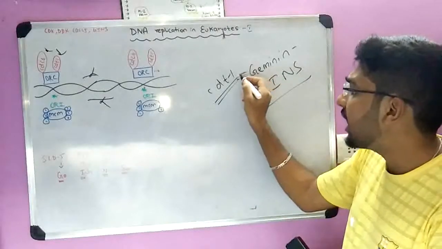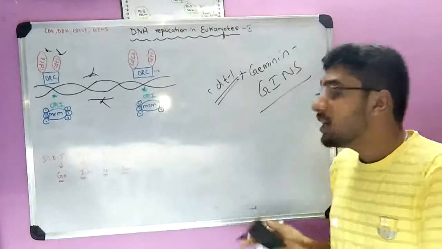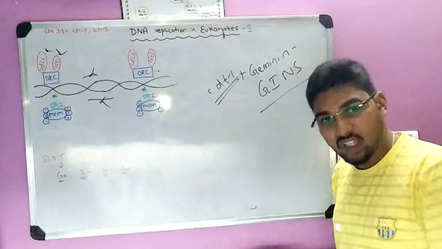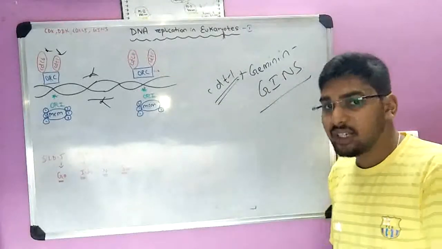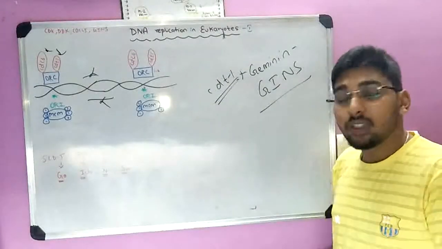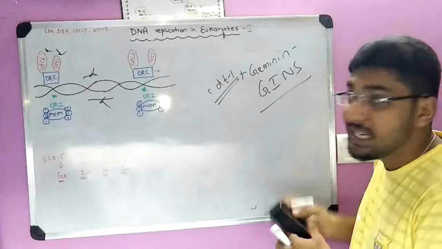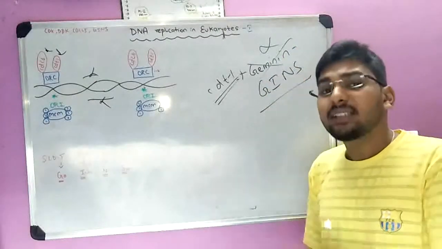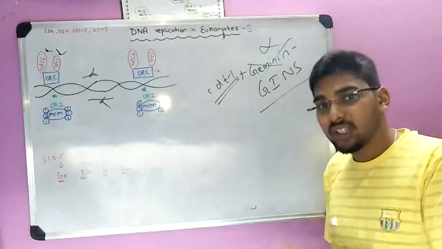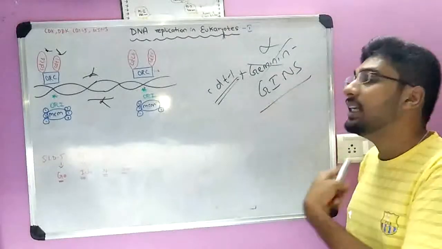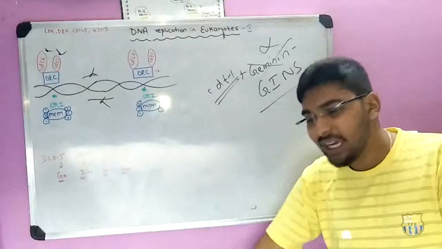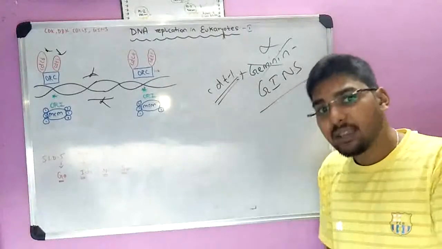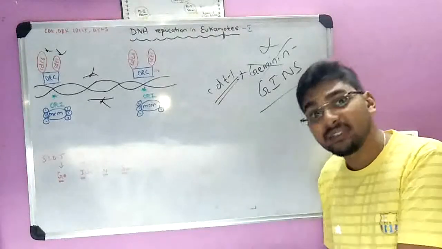This geminin is attached to the CDT1 protein. As long as geminin is attached to CDT1, CDT1 cannot function. If CDT1 cannot function, DNA replication won't occur. So this geminin has to be degraded or denatured. This degradation will occur, CDT1 will be activated, and replication will start only when the cell enters into the S phase.